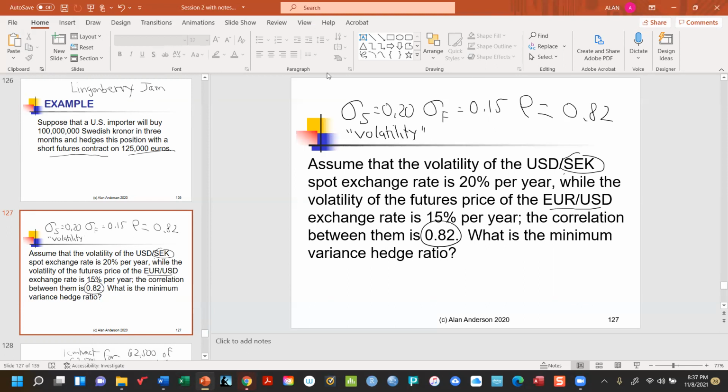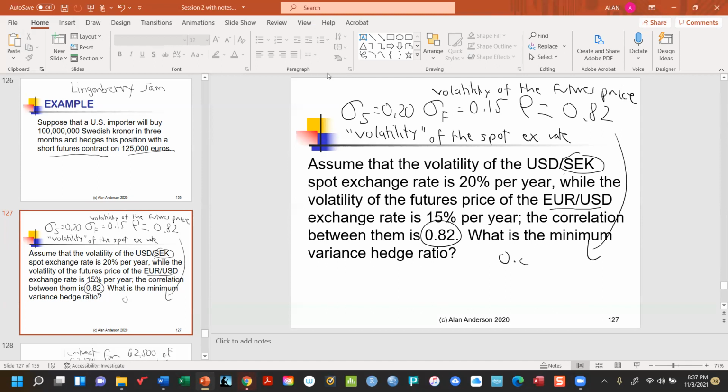of the spot exchange rate. This one is the volatility of the futures price. And this is the correlation between the spot and futures prices.